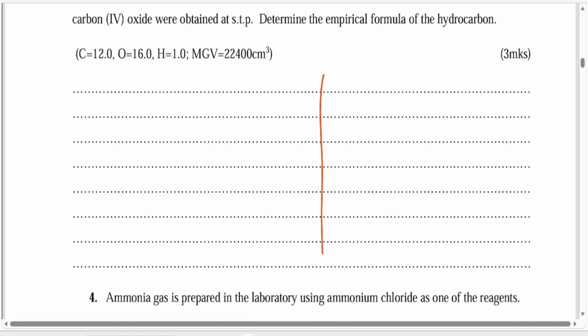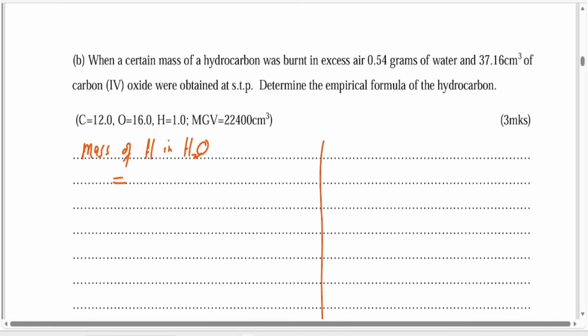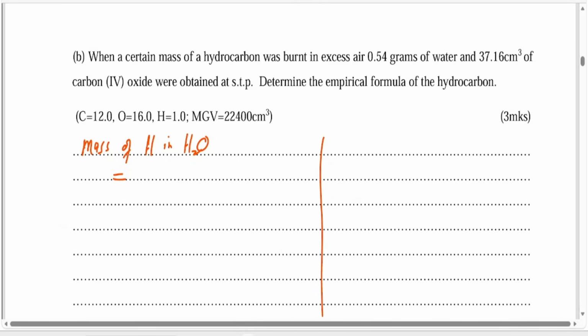We begin by determining the respective masses of hydrogen and carbon from water and carbon dioxide respectively. We begin by looking at the mass of hydrogen in water. How do we determine the mass of hydrogen in water? We are already given the amount of water that was produced, 0.54 grams of water.